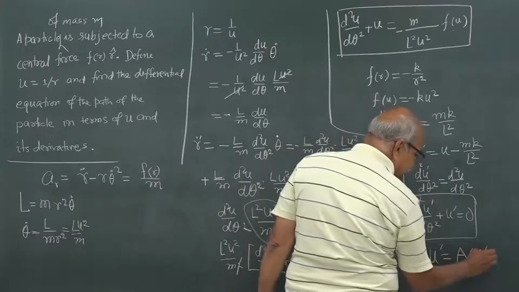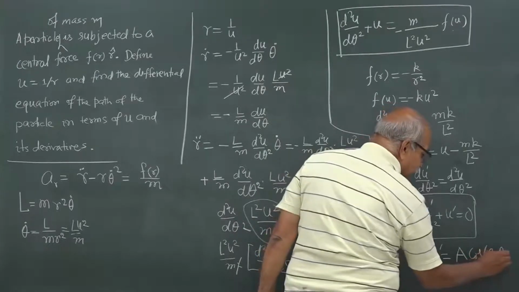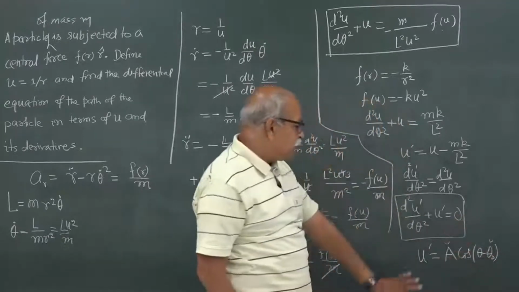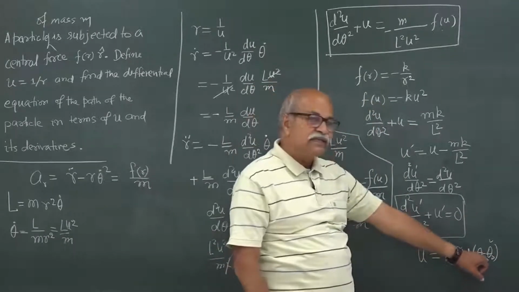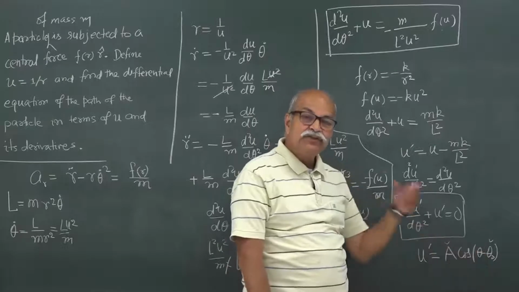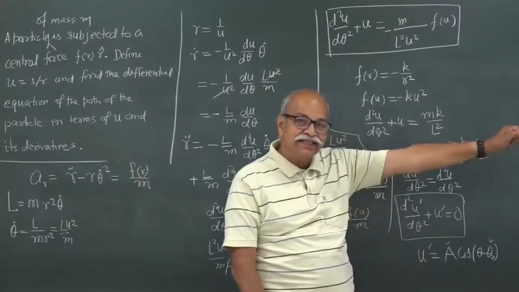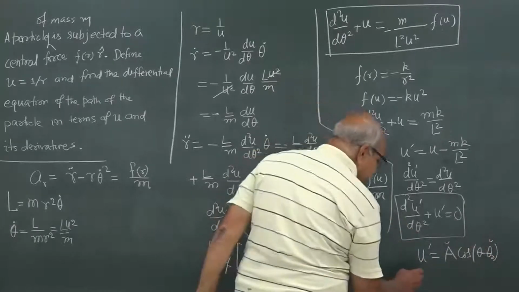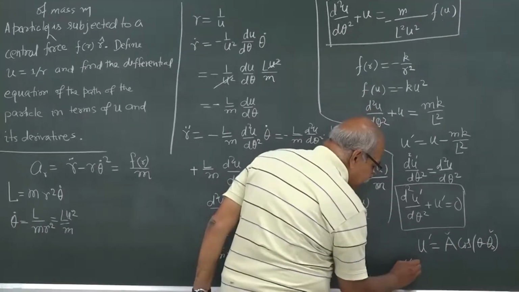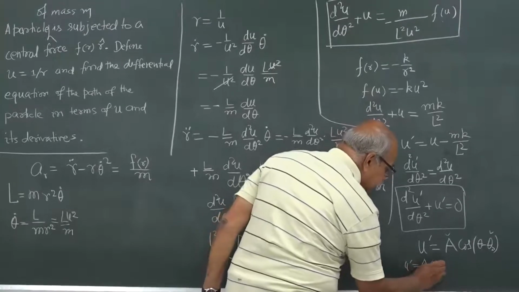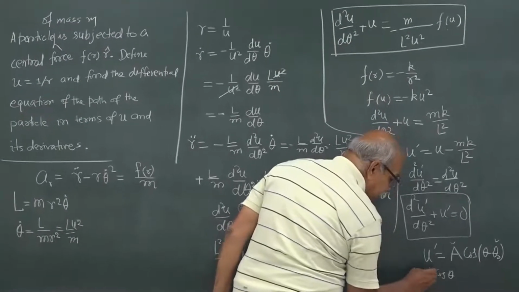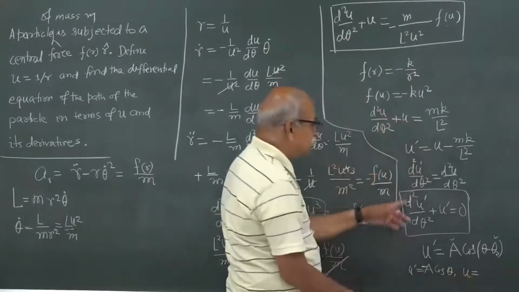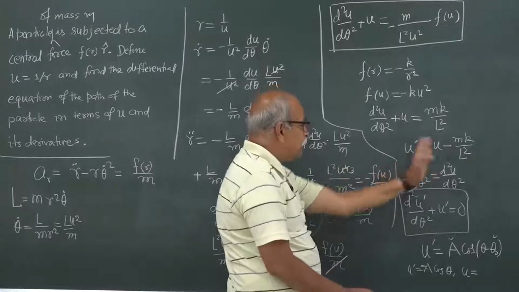So, cos of theta minus some theta naught, two arbitrary constants. Okay, you can choose the x axis in such a way that this theta naught turns out to be pi, and then you will have u prime equal to a cos theta with a minus sign, and therefore u will be what? u prime plus this.